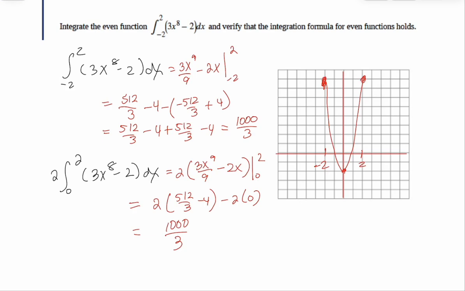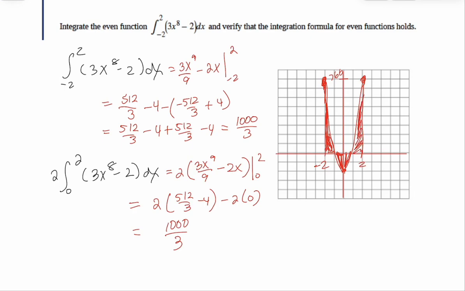I mean, I guess I could figure it out, 3 times 2 to the 8th. It's just going to be so giant. That's 766. I don't know. But anyway, the area here and the area here are perfect duplicates of each other.